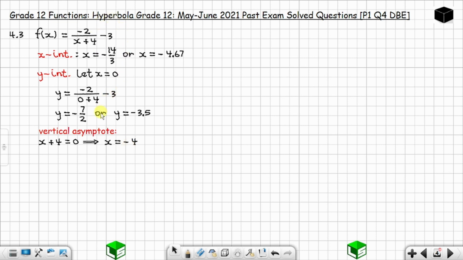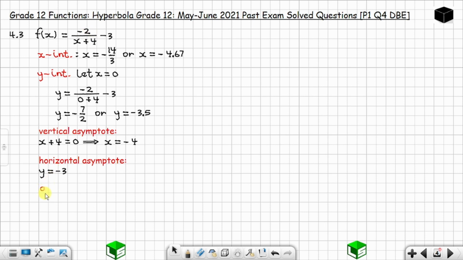You're also going to need the horizontal asymptote. Where is the horizontal asymptote? It is at y is equal to the value you have there, -3. And you're also going to need to know in which quadrant your hyperbola will be.